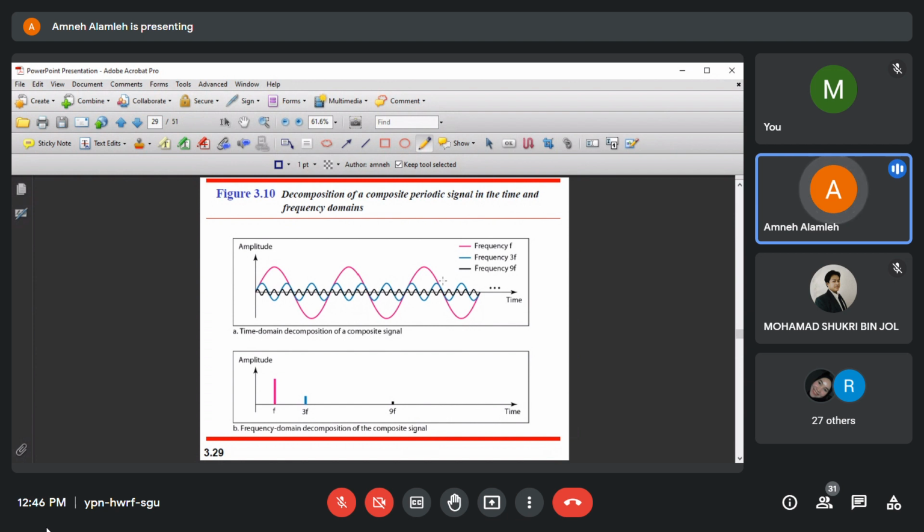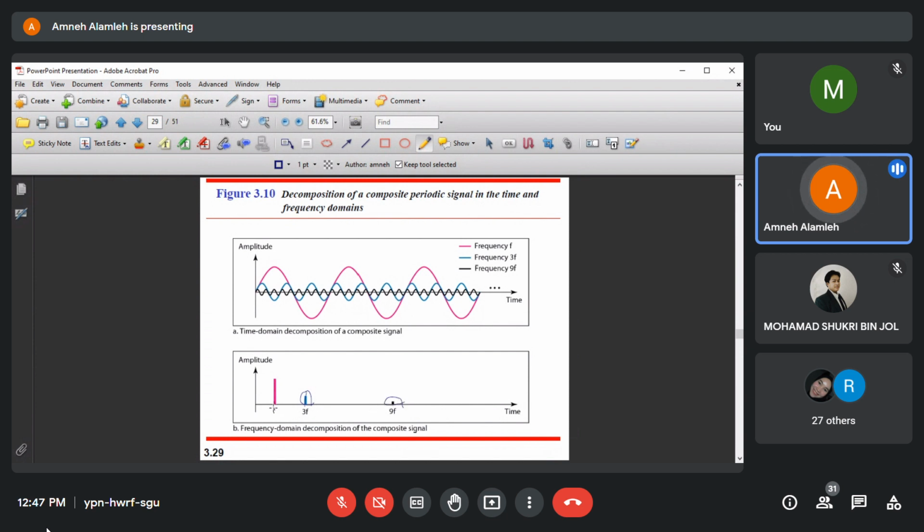So we have 3 frequencies. How to represent them in the frequency domain? This is the pink one, the frequency F, and this is the blue one, with frequencies 3F and 9F.